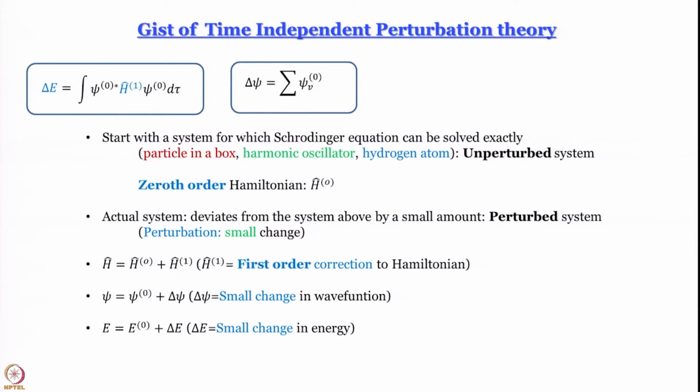So, we should be able to express any vector in this function space, even though it has deviated a little bit, by a sum of these orthonormal vectors. Okay, that is the idea. That is why you can conveniently write a linear sum of wave functions.